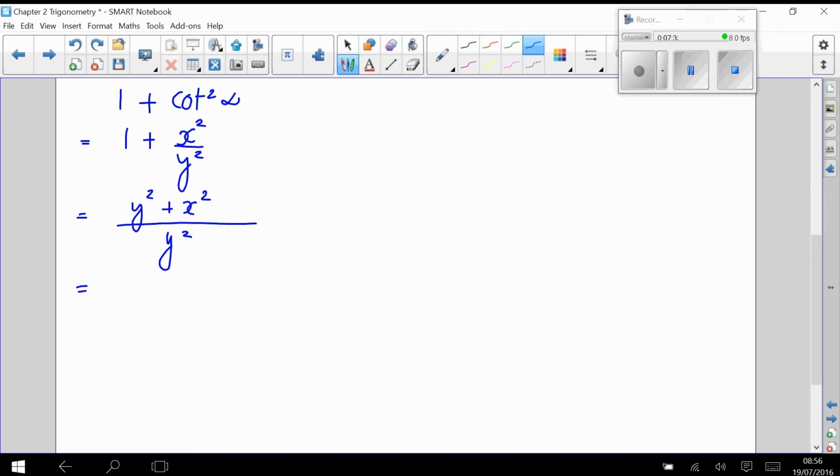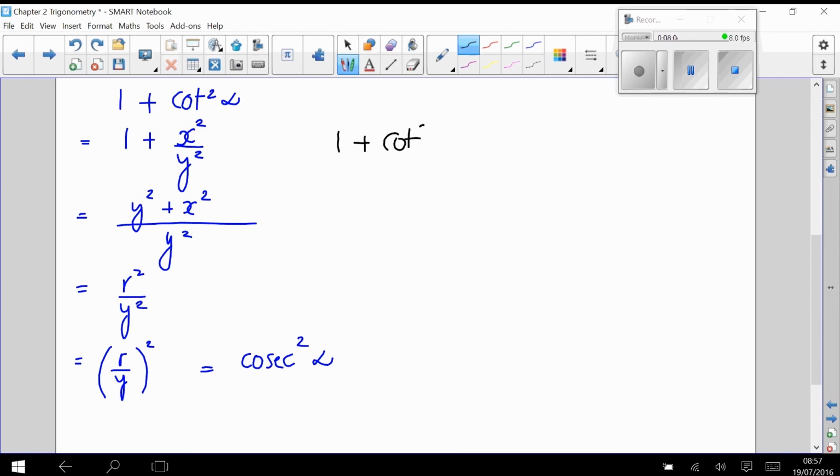X squared plus y squared is the same as r squared, still all over y squared, which is the same as r all over y all squared. Have you noticed that this is the reciprocal of sine of alpha? In other words, that is going to be cosec squared of alpha. So finally, our last square identity is going to be if I have 1 plus cot squared of an angle, and that could in fact have been written as cosec squared of the same angle.